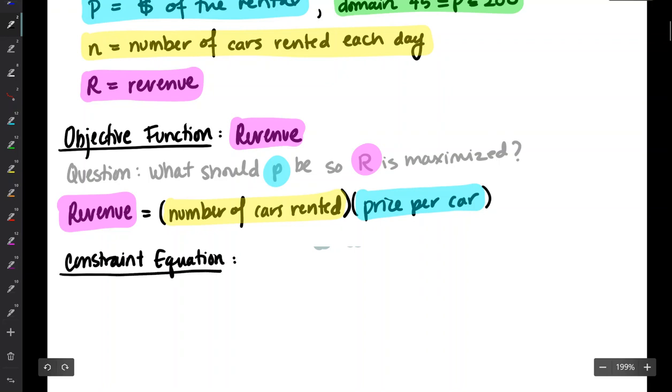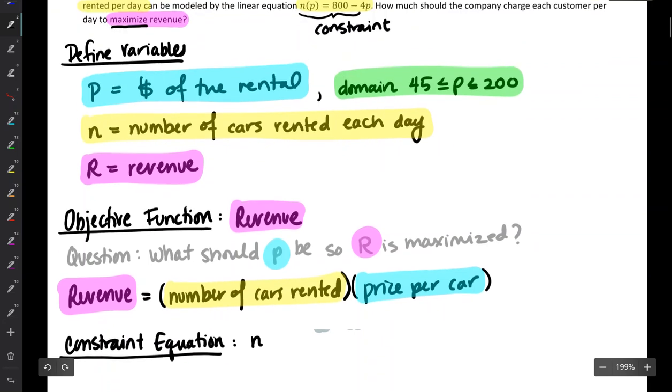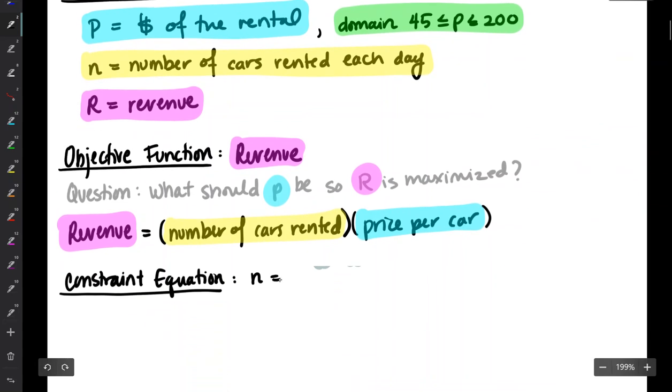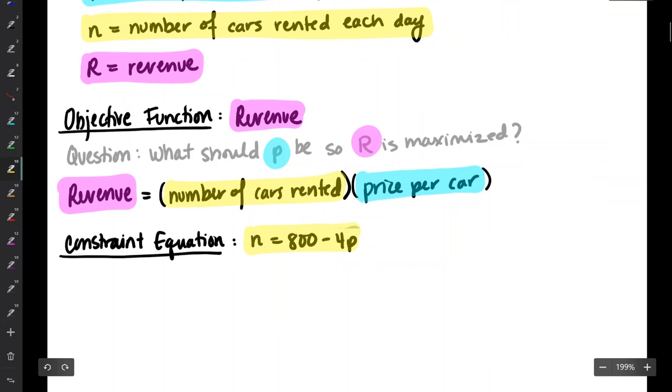They told us that n of p, and maybe you don't like the function notation, maybe we just write n equals 800 minus 4p. All right, and so now I'm going to substitute that into my revenue.